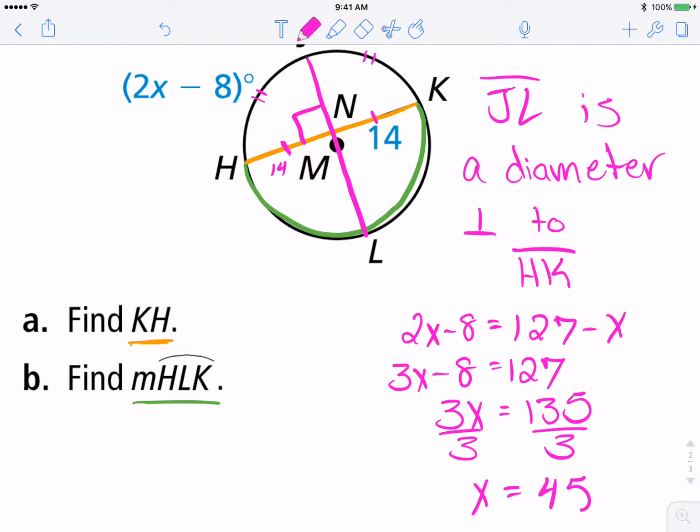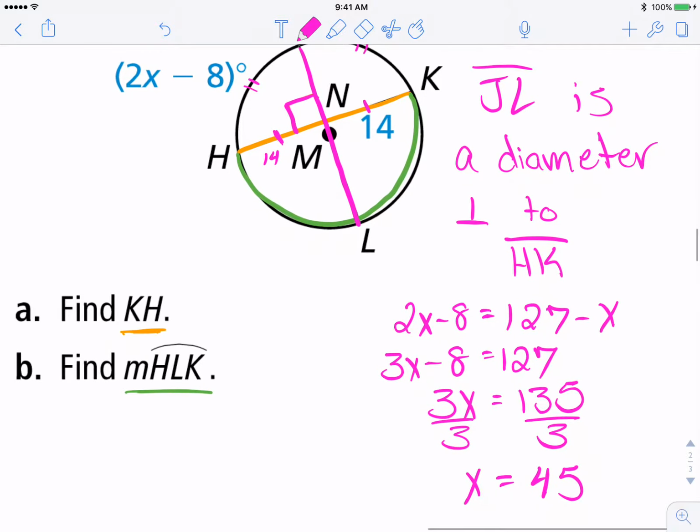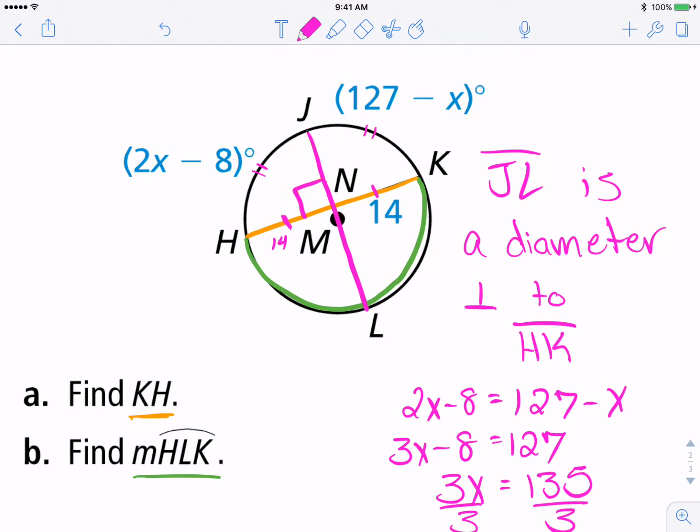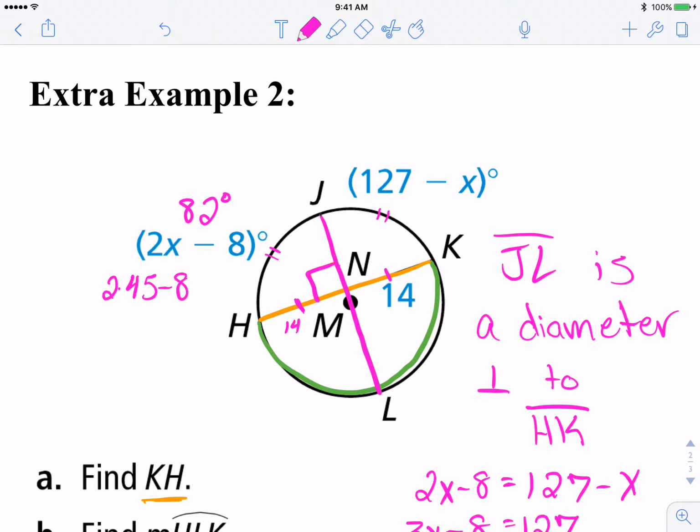So x is 45. So if x is 45, then that tells me that this arc J to H would be 2 times 45 minus 8, which gives me 82. So this one's 82 degrees, which means this one is also 82 degrees.